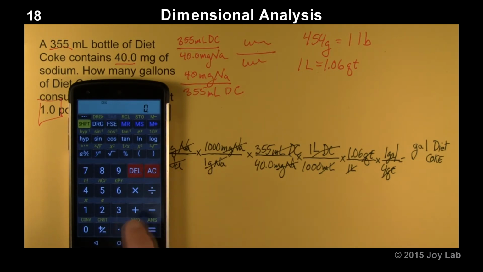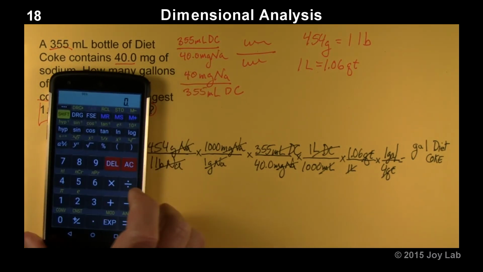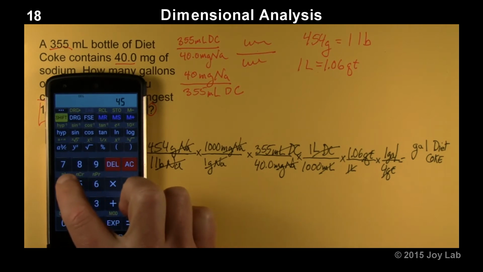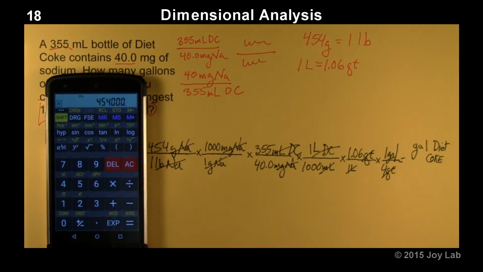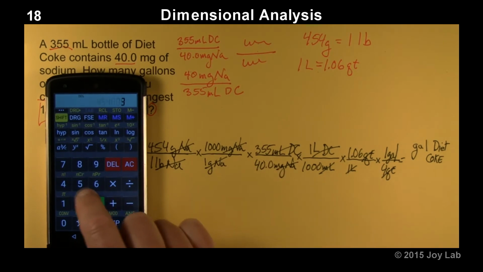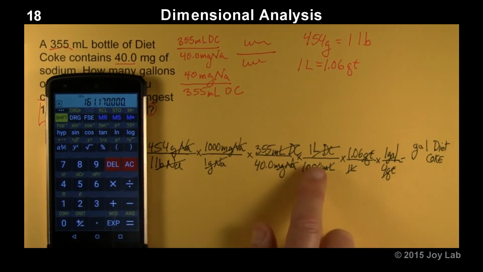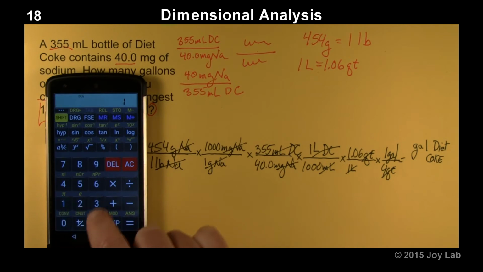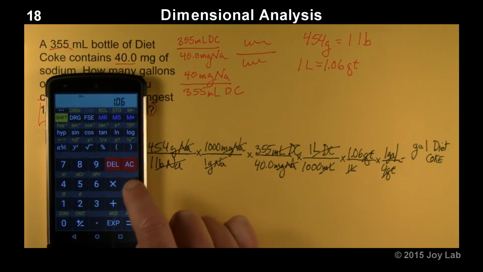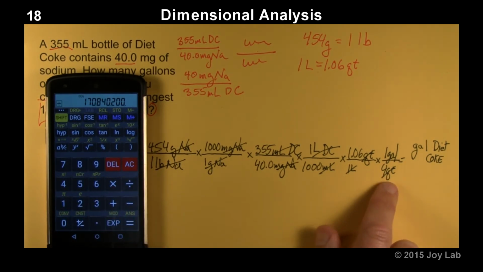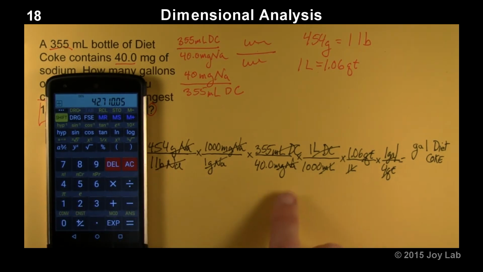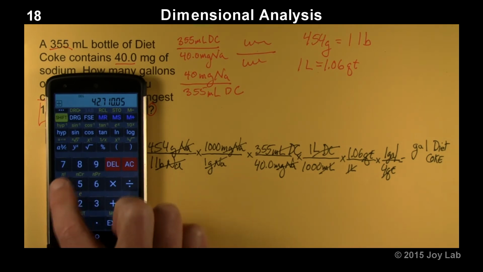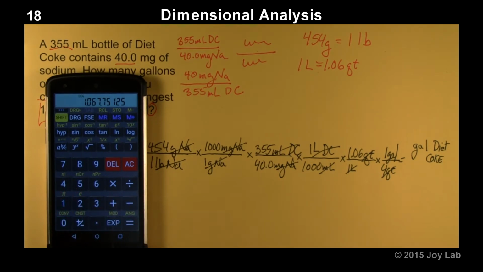Oops, I'm going to go ahead and start again real quick. 454 times 1,000 times 355 times 1.06 divided by 4 divided by 1,000 divided by 40 equals.